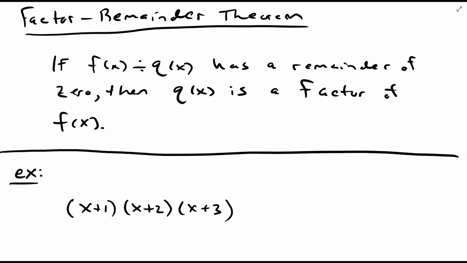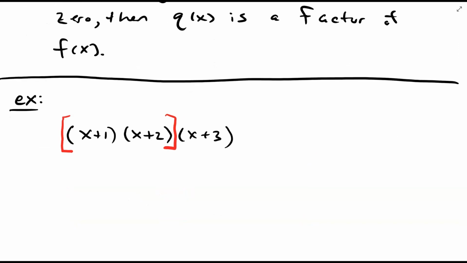So I'm going to put this into standard form. So I'm just going to multiply this out. This looks like a problem that we would have done last semester. So to multiply this out, I'm just going to use the associative property and multiply these two factors first.